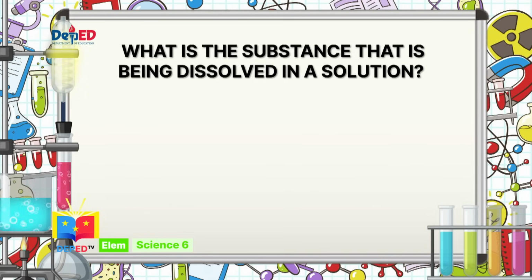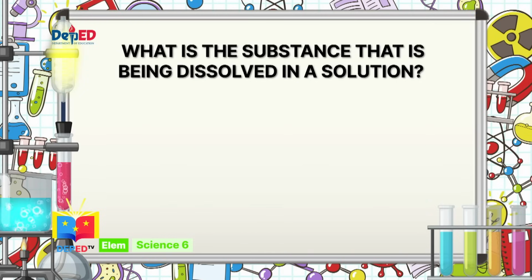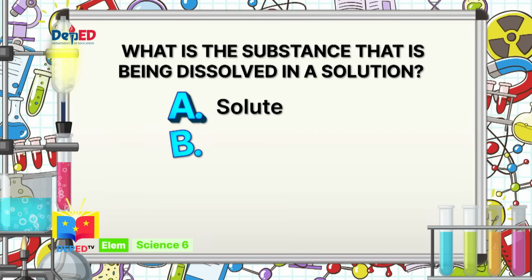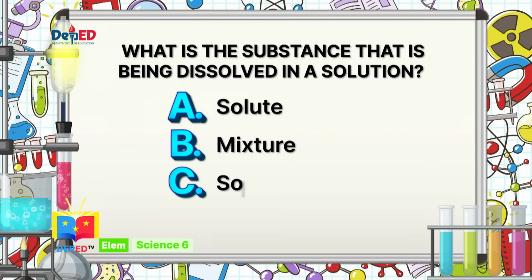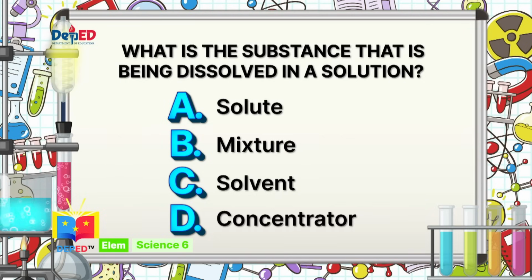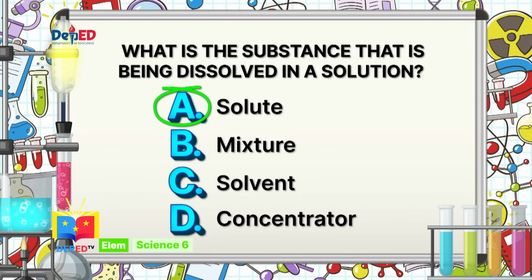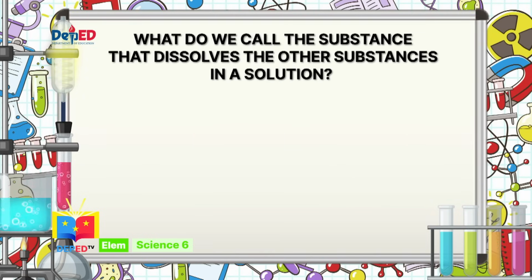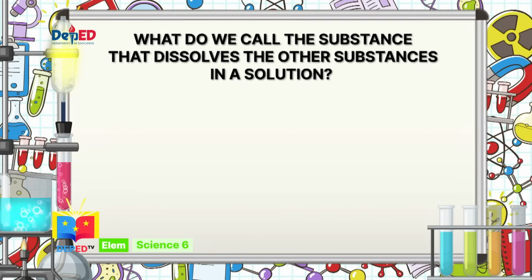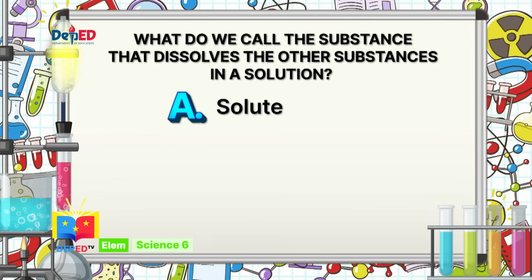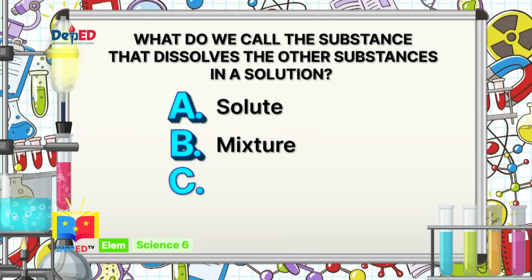Number 3. What is the substance that is being dissolved in a solution? A. Solute. B. Mixture. C. Solvent. Or D. Concentrator. The correct answer is A. Solute. Number 4. What do we call the substance that dissolves the other substances in a solution? A. Solute. B. Mixture. C. Solvent.